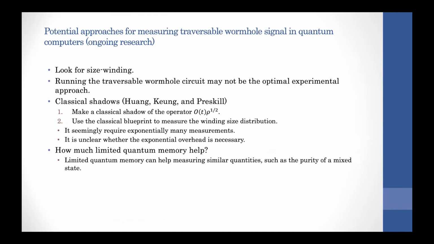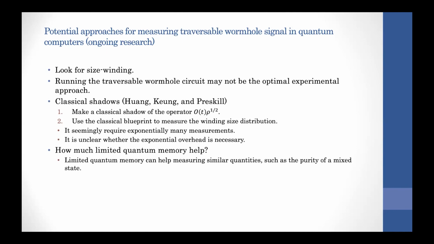I'm going to end. This is also ongoing research. Instead of running a traversable wormhole, we are looking at ways to measure the size winding phenomenon directly, and hopefully that would be a stronger signature for gravity. We are looking at different ideas, like using shadow tomography or other techniques to read off the size distribution and the phase in the size distribution.